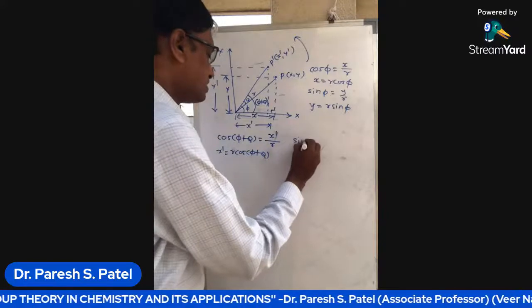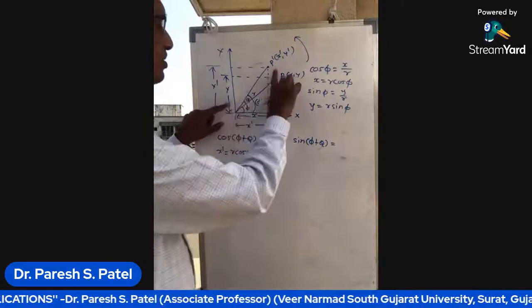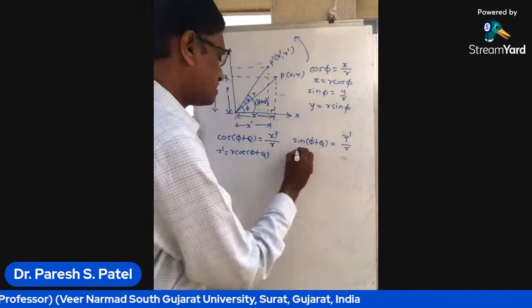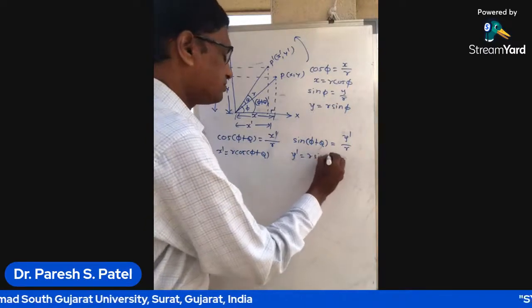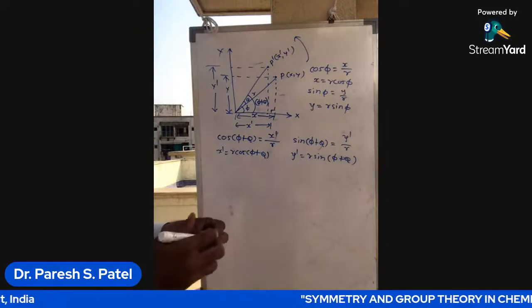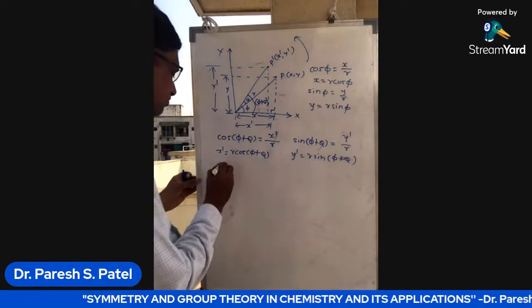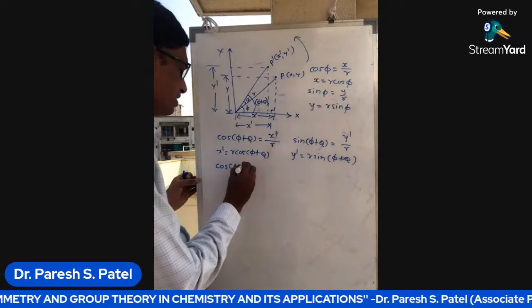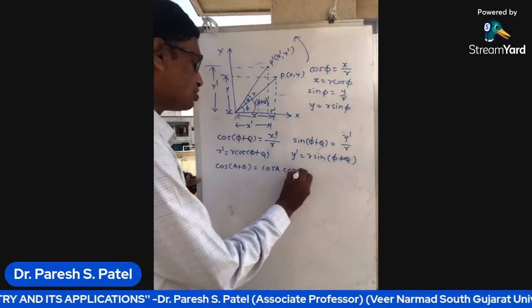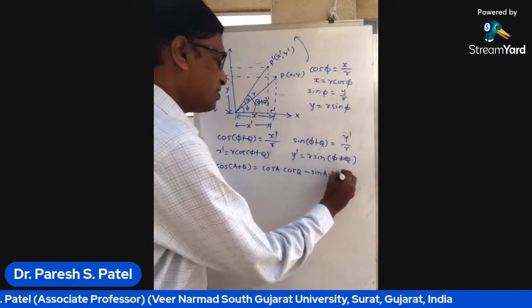Similarly, sin of phi plus theta is equal to the front side divided by the hypotenuse. The front side is y dash and the hypotenuse is r. So y dash is equal to r sin(phi plus theta). We know that cos(a plus b) is equal to cos a cos b minus sin a sin b.